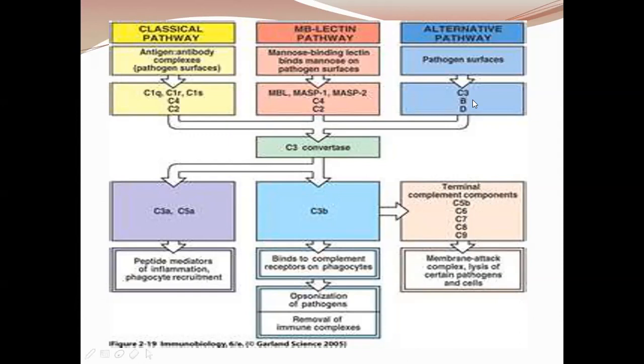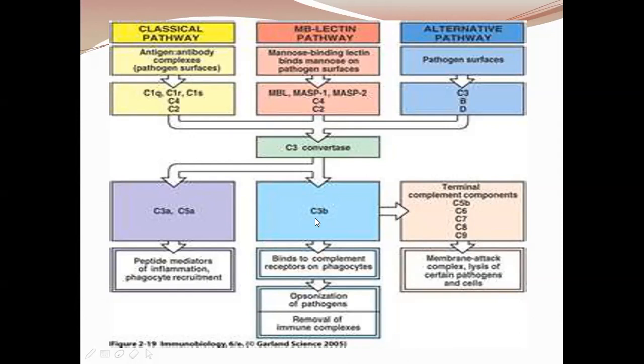All these converge at an enzyme called C3 convertase, which results in the formation of C3a and C5a. These result in the formation of peptide mediators of inflammation and phagocyte recruitment.